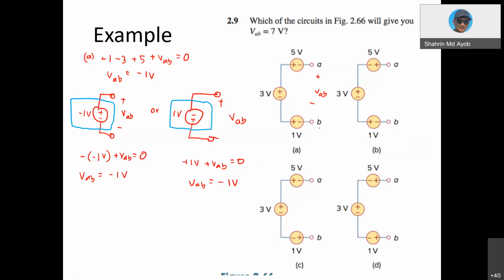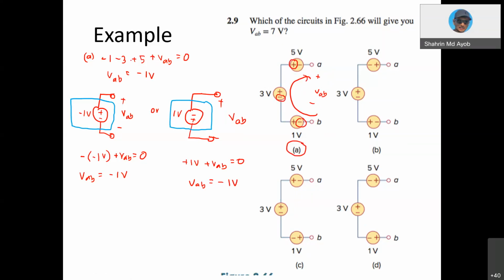Like I said, I start with clockwise. So I meet positive 2. Let's look. So this one negative, and then negative, and then positive.